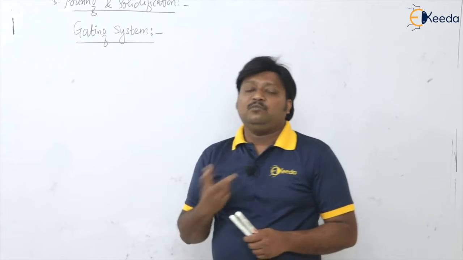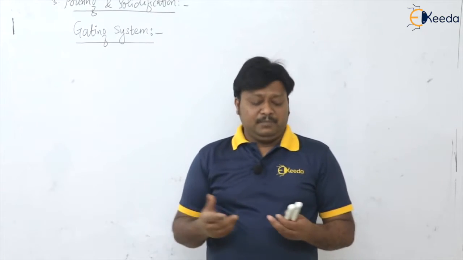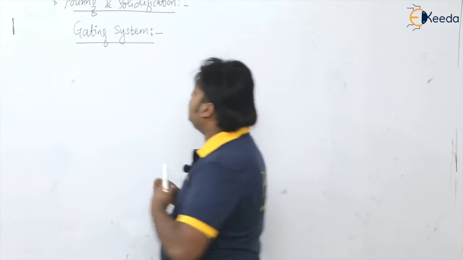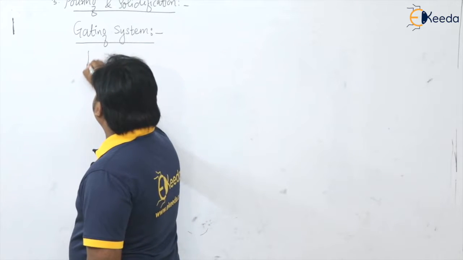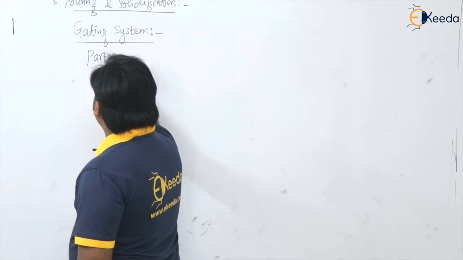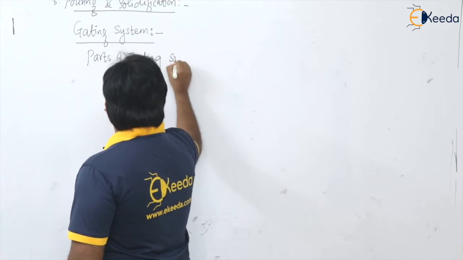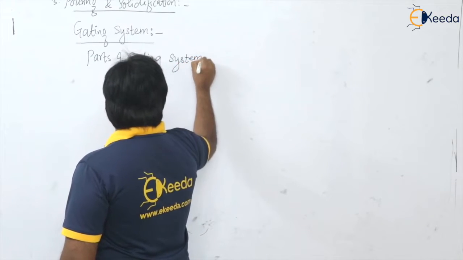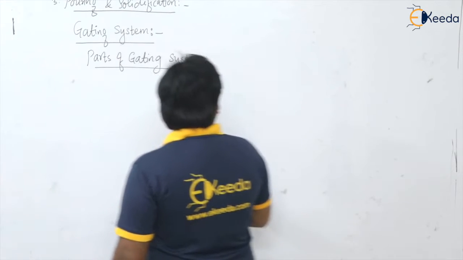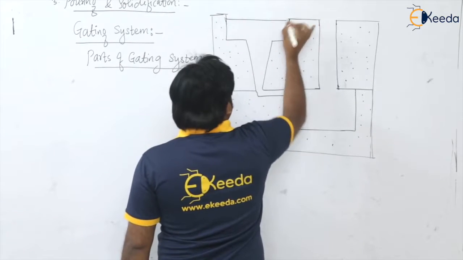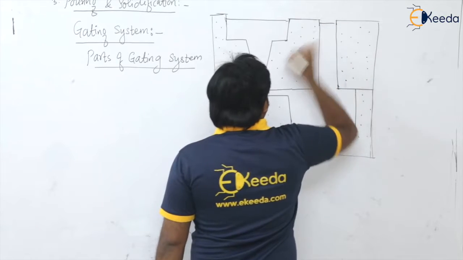Now, which are the parts of the gating system? Basically there are four parts of the gating system. If I show you the diagram, say this is the liquid molten metal.